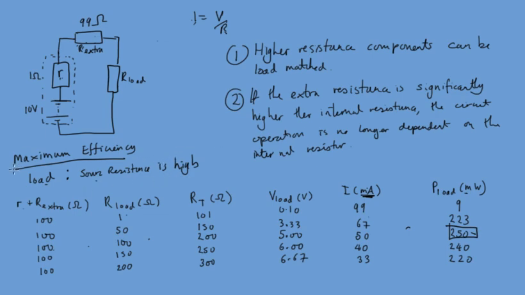That's when you're going to get your most efficient circuit, and often that is the situation that you're seeking to attain, to increase efficiency and not always power. So I hope that helps.